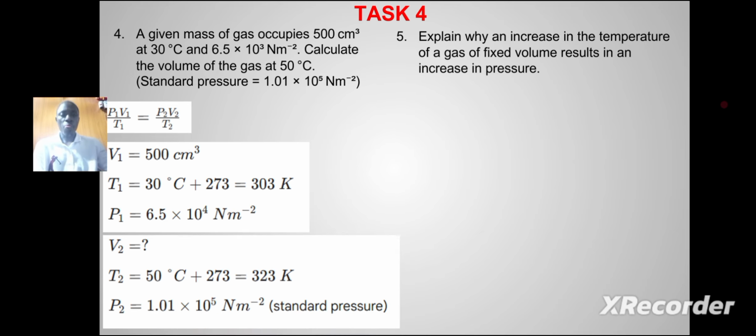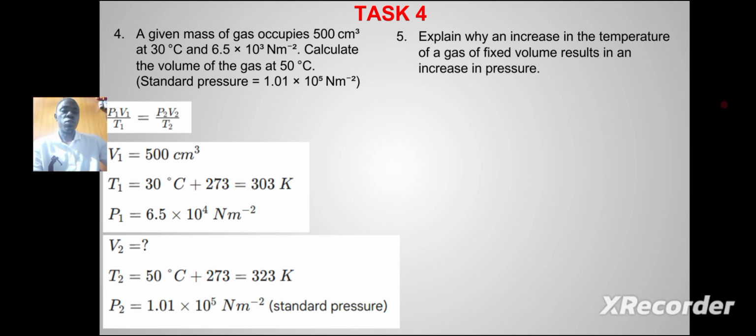So V2 is what we are looking for, the volume of the gas. We know T2 to be 50 degrees Celsius. When we convert to Kelvin, we get 323 Kelvin. And P2 has already been given in the question to be 1.01 times 10 to the power 5 Newton per meter square.